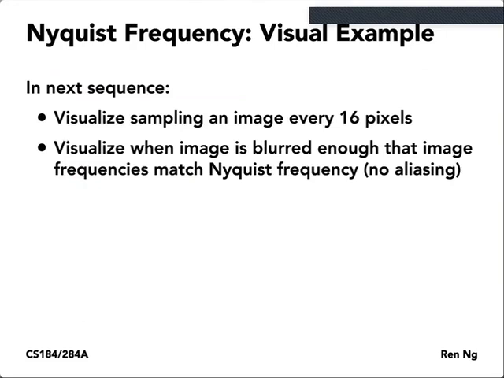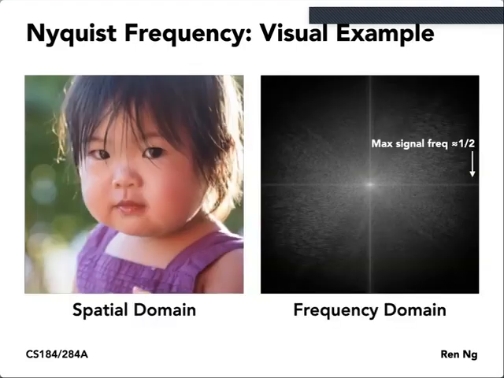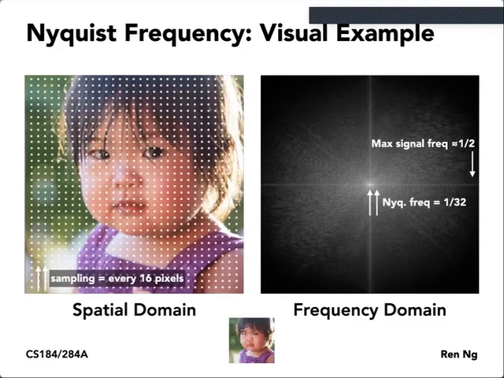Now let's look at what happens in that exact same image sequence when we sample the image. We're going to sample this image at every 16 pixels. So let's take a look at this. Let's start with the almost full resolution version. This is the sampling grid on the left-hand side, one sample every 16 pixels. I've also drawn what it looks like in the bottom here.